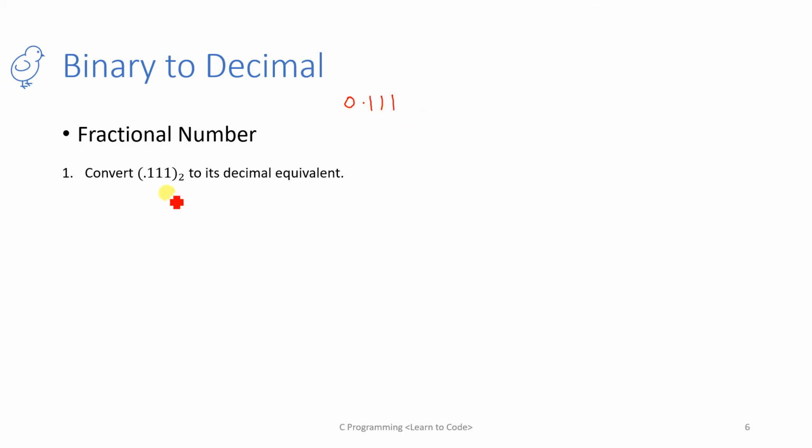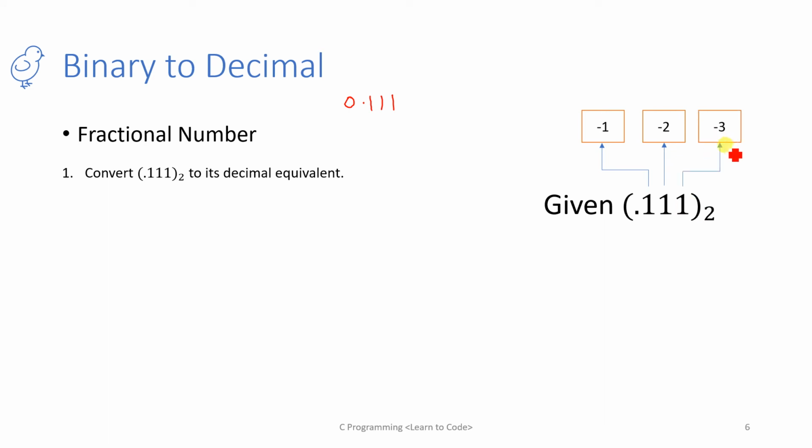So what will we do? In this particular case, those position values will not work. The positions are taken like this: after the decimal point, the first digit takes the position -1, the second digit takes the position -2, and the third digit takes the position -3.